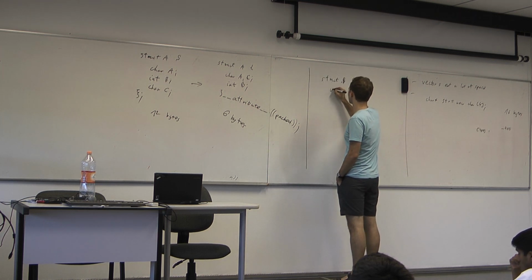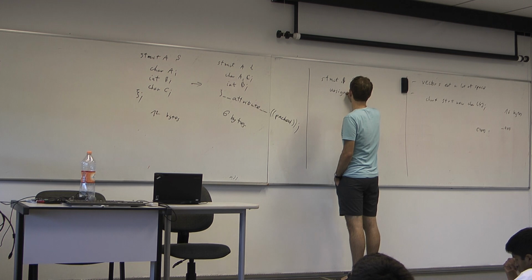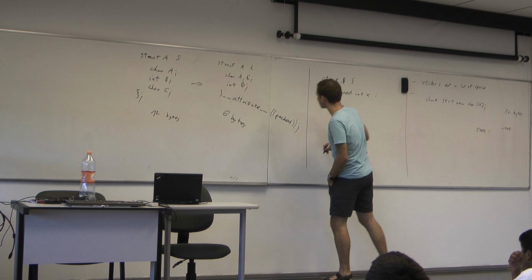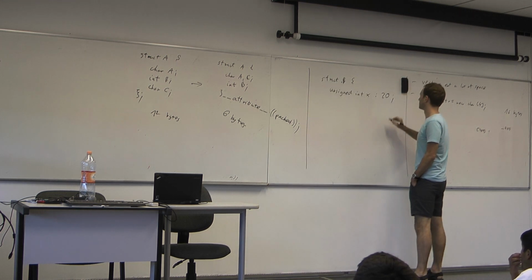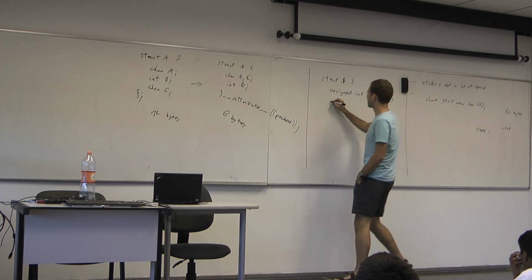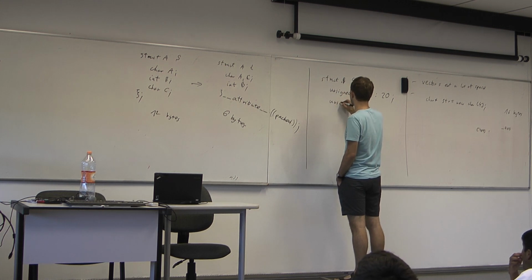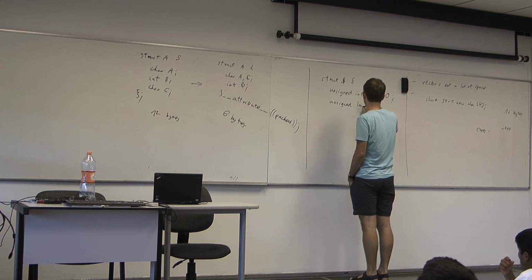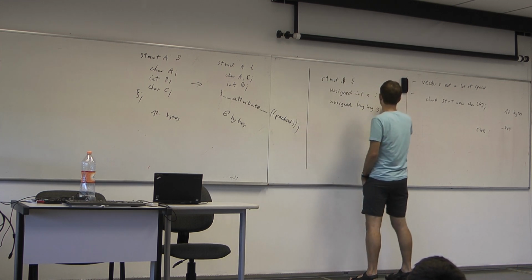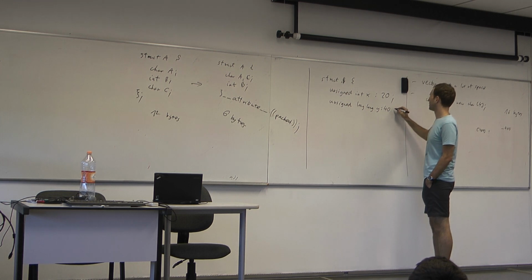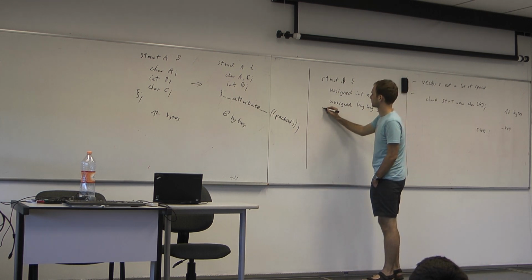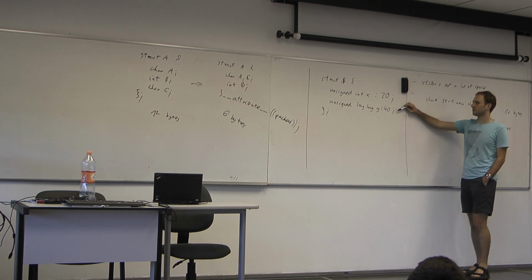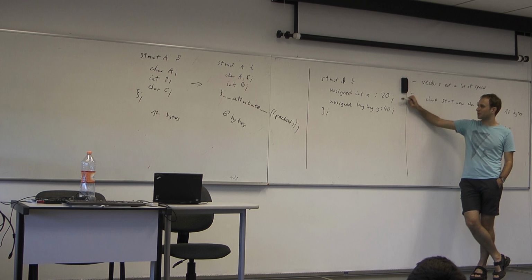You can write something like unsigned integer x, which is occupying only 20 bits. These are bits. And also, on top of that, you have unsigned long y, which is occupying 40 bits.